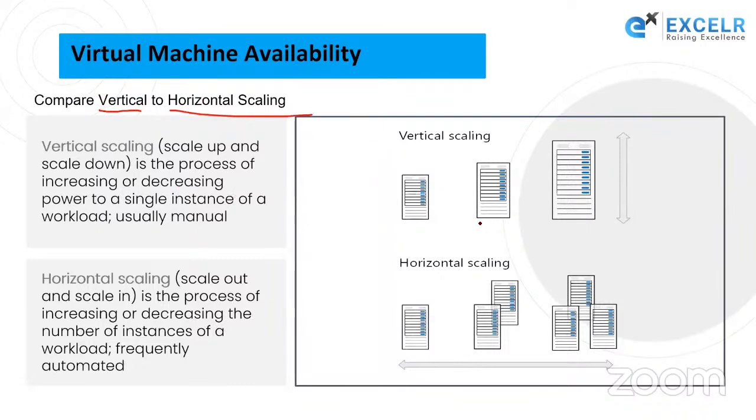Vertical scaling, as you can see from the diagram, it is about increasing the capacity of your virtual machine, the same virtual machine, by increasing the size. So here you are just increasing the size of your virtual machine. It is the process of increasing and decreasing the power to a single instance of a workload, which is usually done manually.